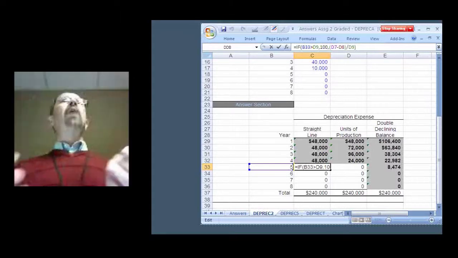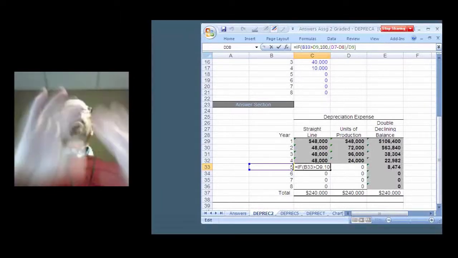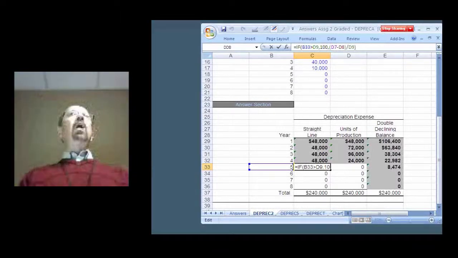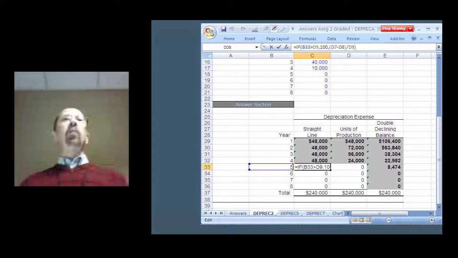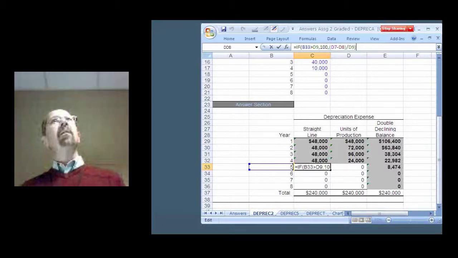And if I do that, what I'm saying is if it does have only 4 years, I want to put down 0 in the 5th, 6th, 7th, and 8th year. The other years, it depends on the life of the asset.